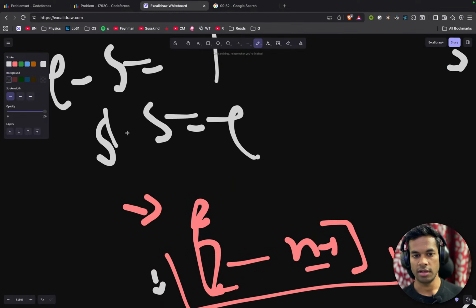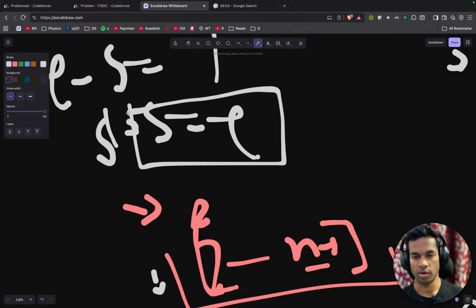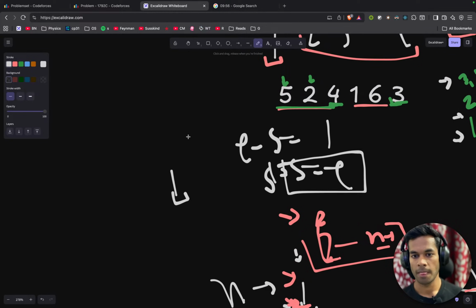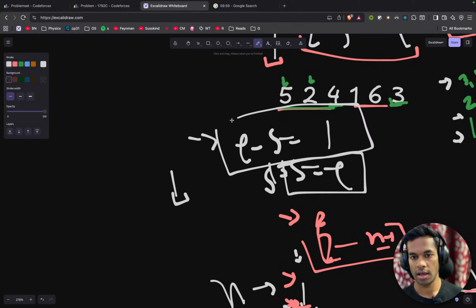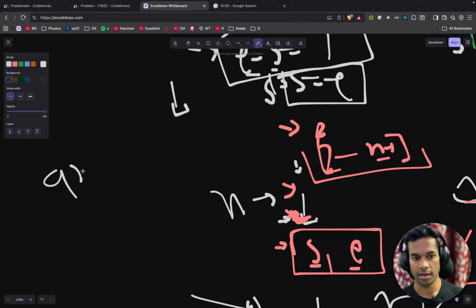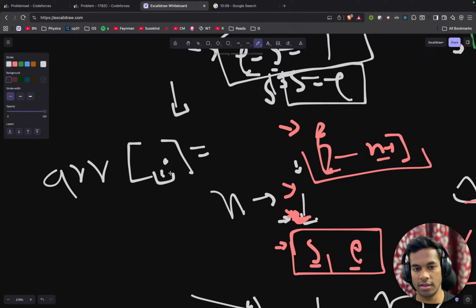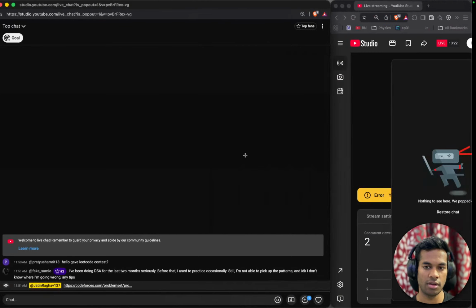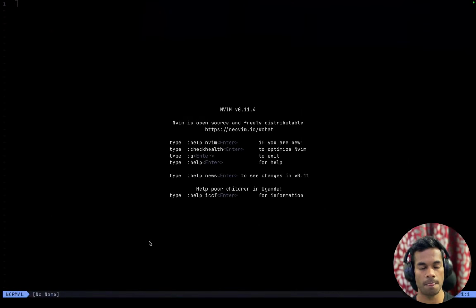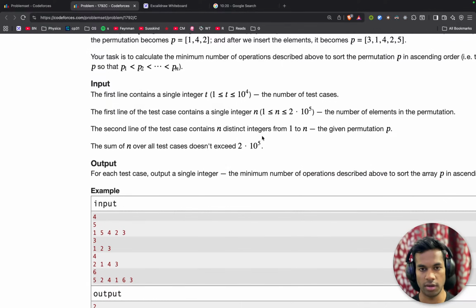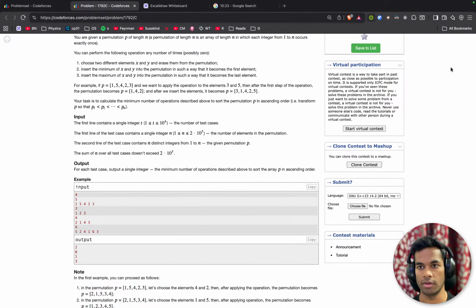If s equals e, then answer is 0 because there is only one number in our range. We will also have an array arr, where if we give i, we will get the index of the ith number, or more correctly, arr x would give us the index of the xth number. I think that is cool, and that should work here.